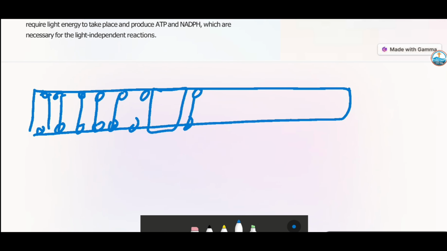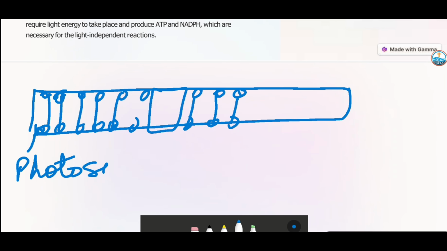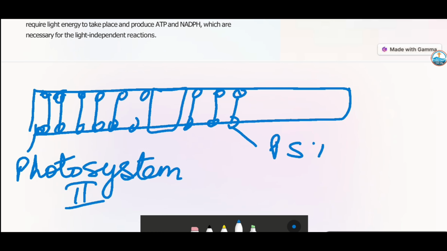These pigments inside the chloroplast are arranged in clusters. These clusters are known as photosystems. So this is photosystem 2, and here this is photosystem 1.